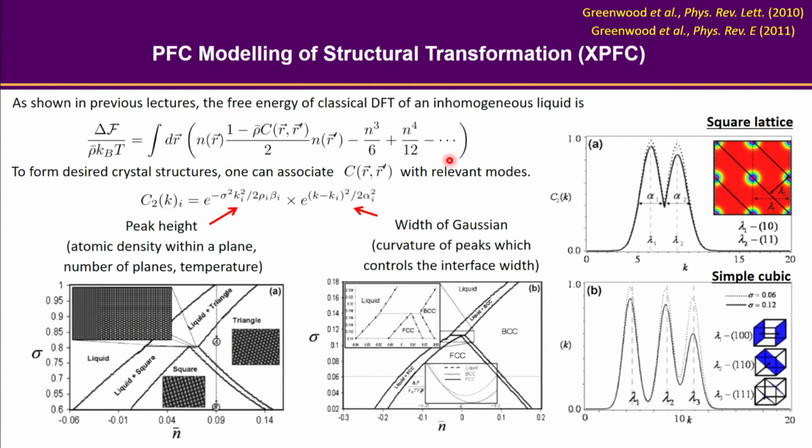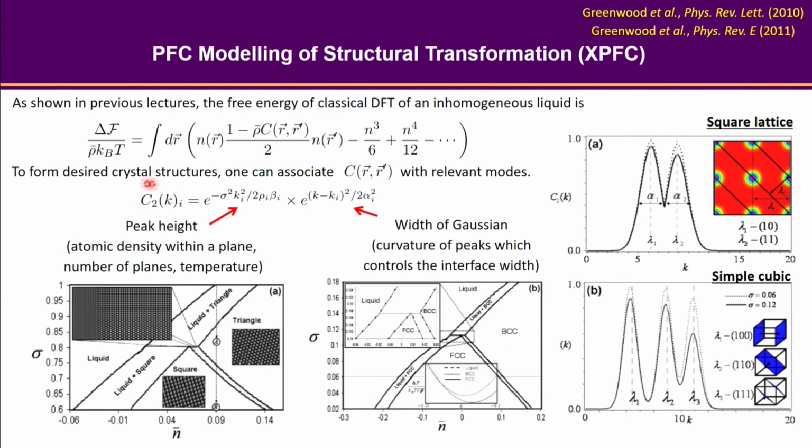Before, we only considered the correlation function in reciprocal space around the first peak, and that was it. But if you want to consider different structures, like in 2D a square lattice, or in 3D, for example, simple cubic or FCC, the idea is not only to consider the first peak, but to add the second or third peak. You can include more and more peaks if you want to.